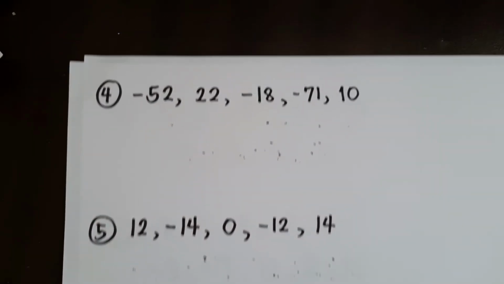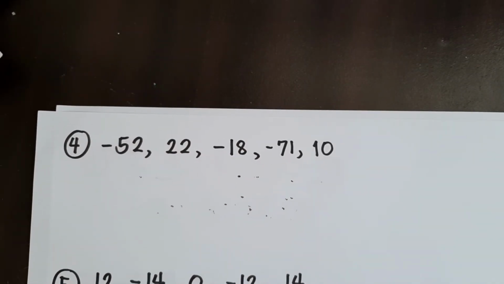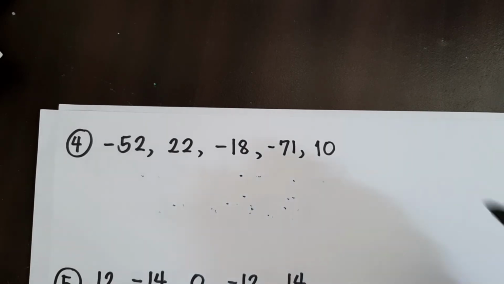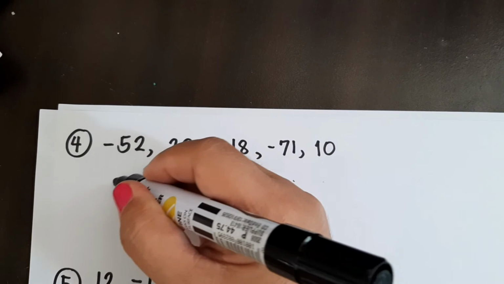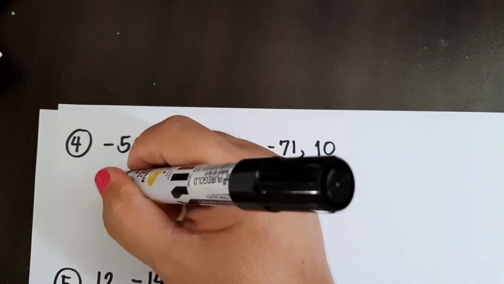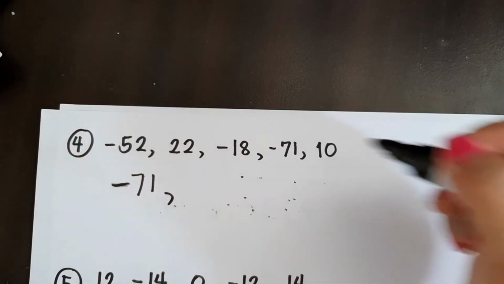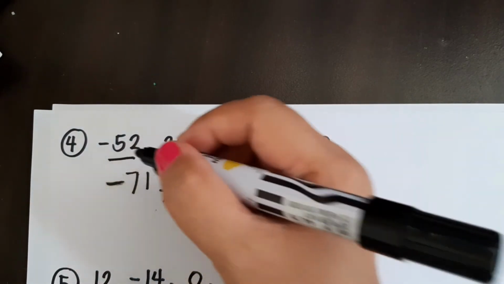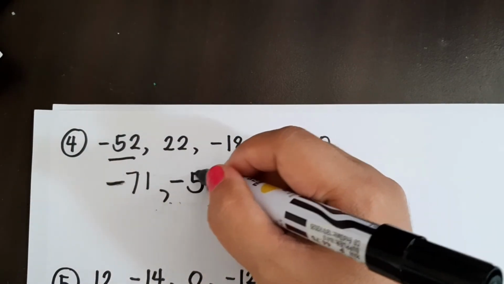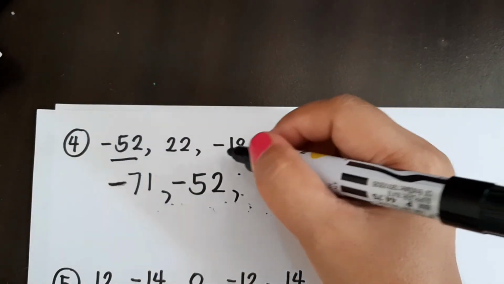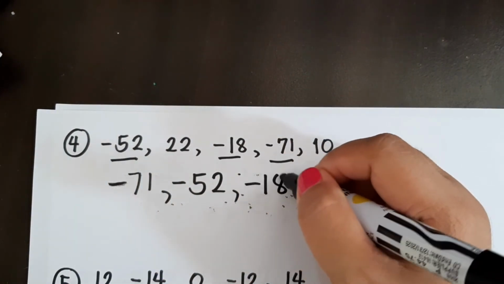Next, number 4. We have here, okay, so the lowest is negative 71. Next is negative 52. Next is negative 18.